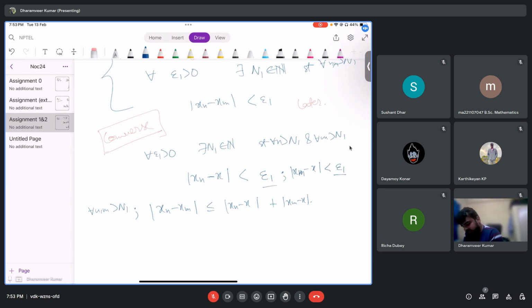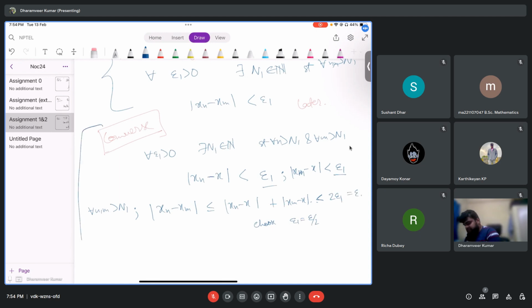So that means this is there. Now choose epsilon 1 equal to epsilon by 2. That means it is simple.